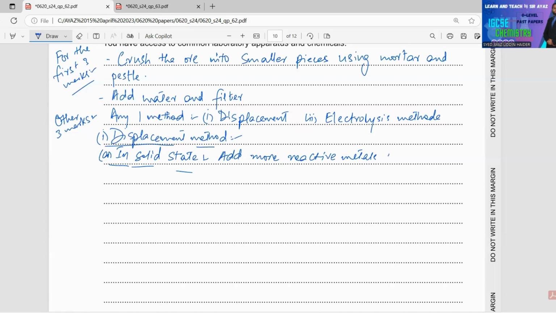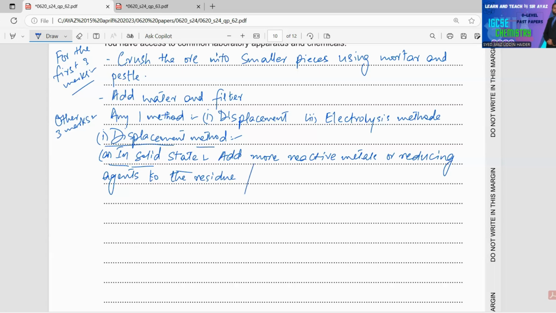You can even call them reducing agents because they are going to reduce the bismuth from the compound to the residue. Here the insoluble part is the one which contains a compound of bismuth.